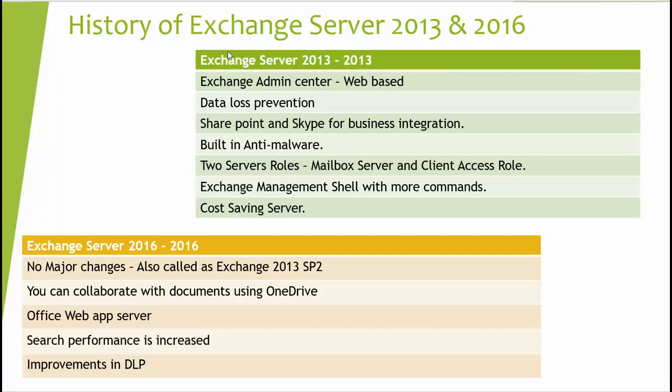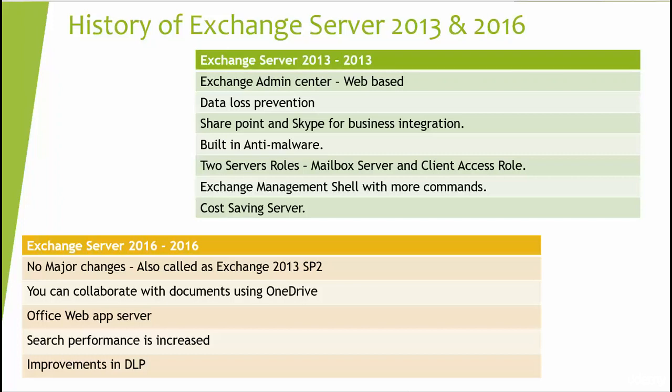But with Exchange Server 2013, they came up with a solution where you can load the Exchange server through Internet Explorer, just enter the admin username and password, and then access your Exchange Server administration console and do your configuration. This was one of the greatest changes in Exchange Server 2013.